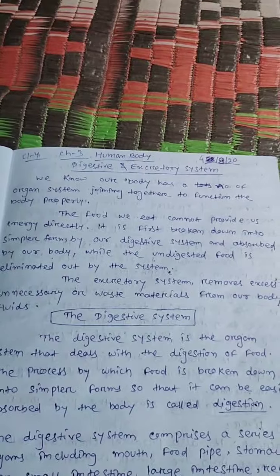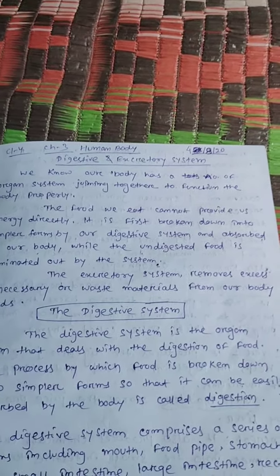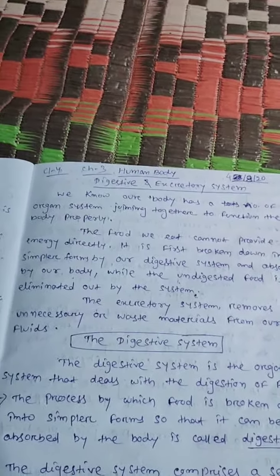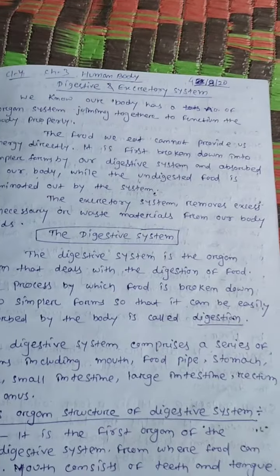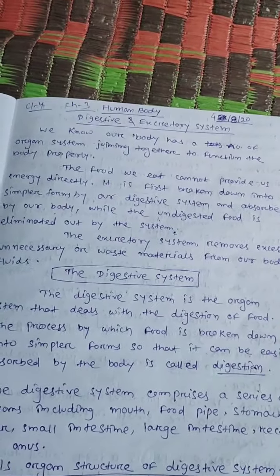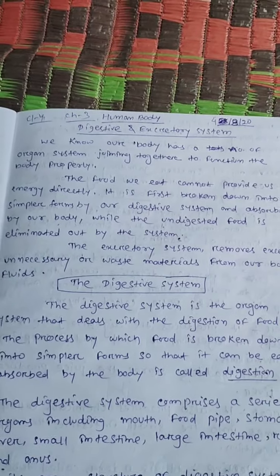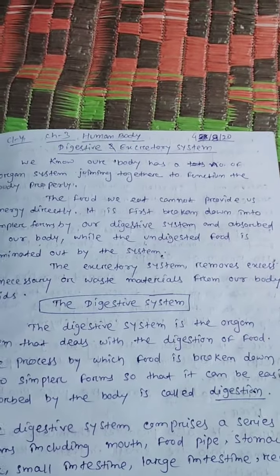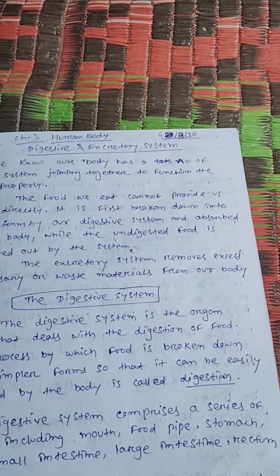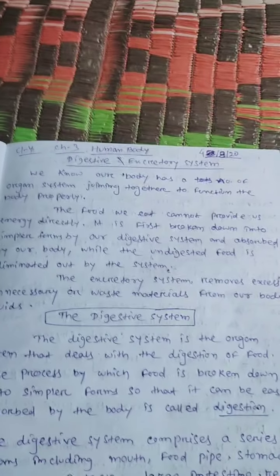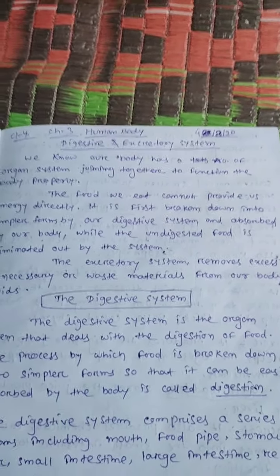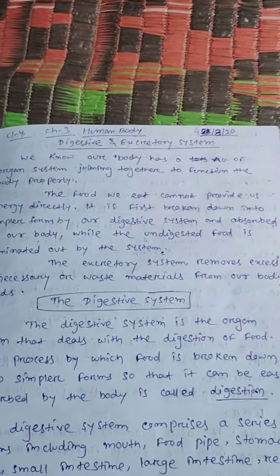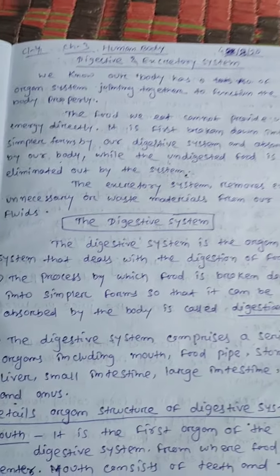It is first broken down into smaller food particles by our digestive system, and then it is absorbed by our body, while the undigested food materials are eliminated out of the body by the system, while the excretory system removes the excess, unnecessary or waste materials from our body fluids. So here we are going to discuss the digestive system.